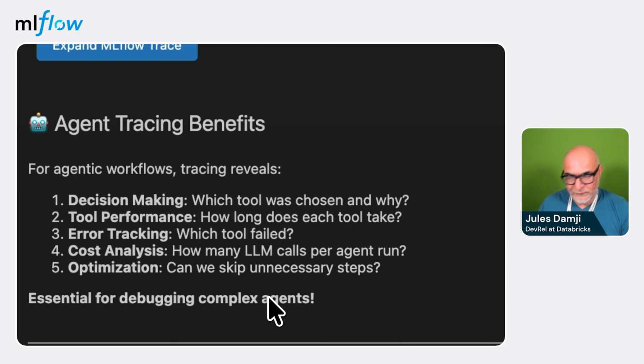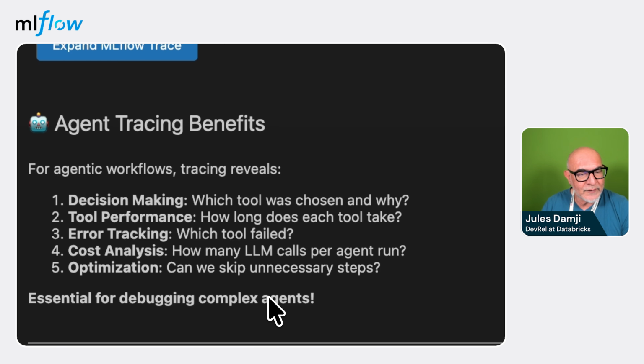So what are the benefits? Very simple. You get an insight into which tool was chosen and why, and you can look at the input and output of the parameters. That gives you more of a lens into some of the things happening behind the scenes. Tool performance is a good way to find out how long each and every tool took, for latency. That way you can know which tool is taking too long and what you can do to debug and improve the performance.